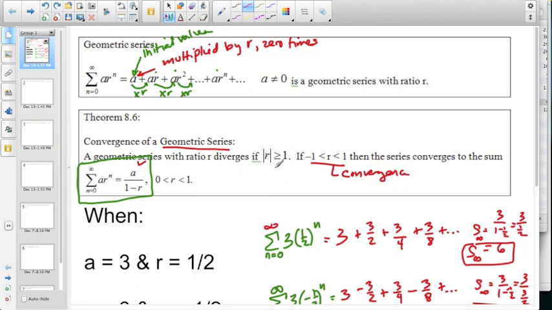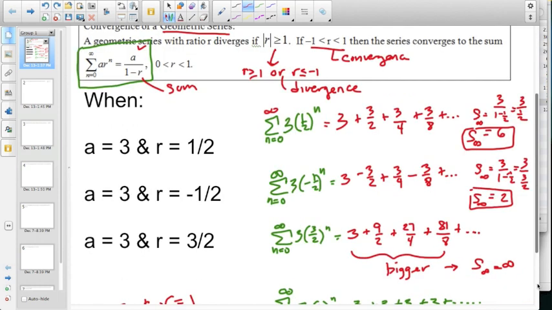And if we have a common ratio that is outside of that range, so bigger than or equal to 1 or smaller than or equal to -1, we're going to have divergence. And so this test can be used to determine either convergence or divergence, depending upon what you're being asked to find. If you're being asked to find a sum, then the sum is found by just calculating that value particularly.